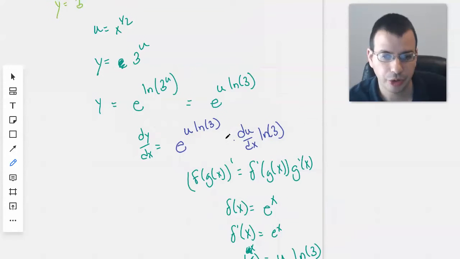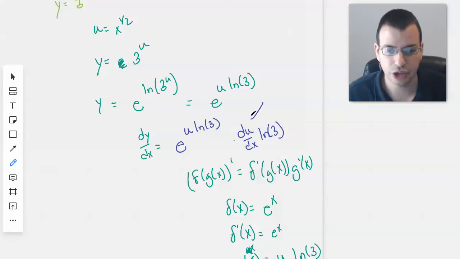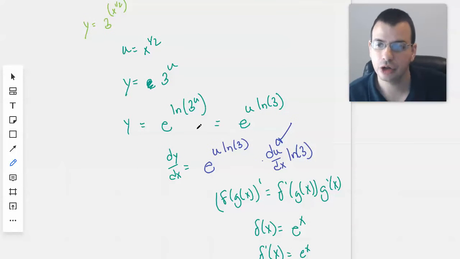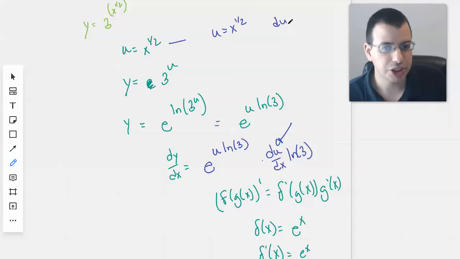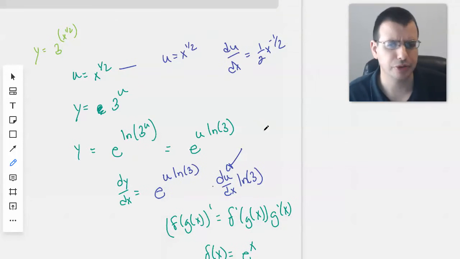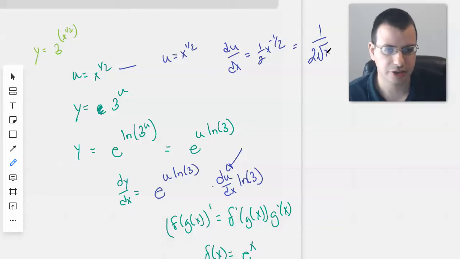At this point, we want to find out what this du dx is. So u equals x to the 1/2, and du dx would be 1/2 x to the negative 1/2. Yeah, I'm good with that. I'll rewrite this as 1 over 2 square root of x.